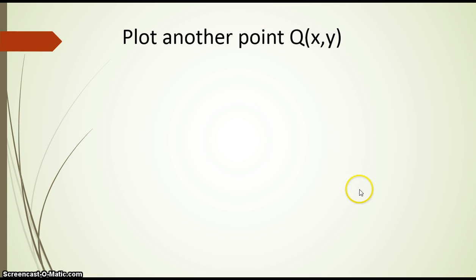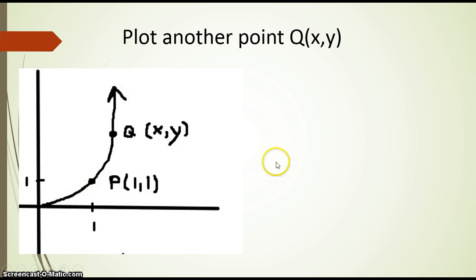I want to find out that tangent line that would go through that point. So here's what we're going to do. I'm going to plot a point Q at (x, y). I have no idea where that point is. I'm just going to put it up here. I have absolutely no idea what x and y are, but x is this direction, y is this direction. I just placed it up here, but it doesn't matter where point Q is. We don't know what that is yet.